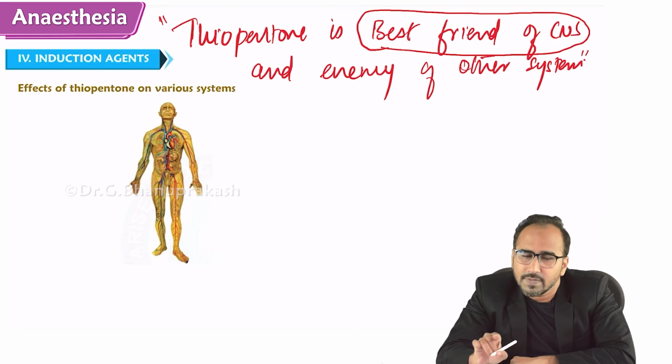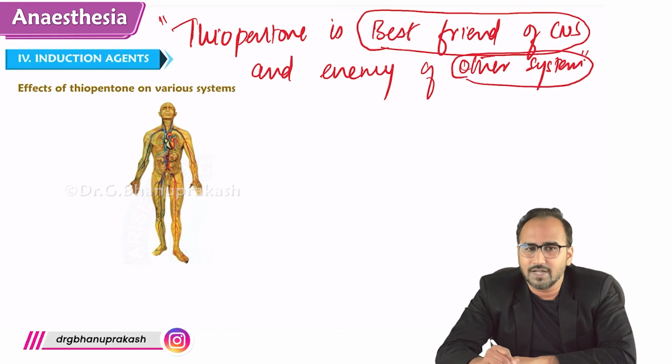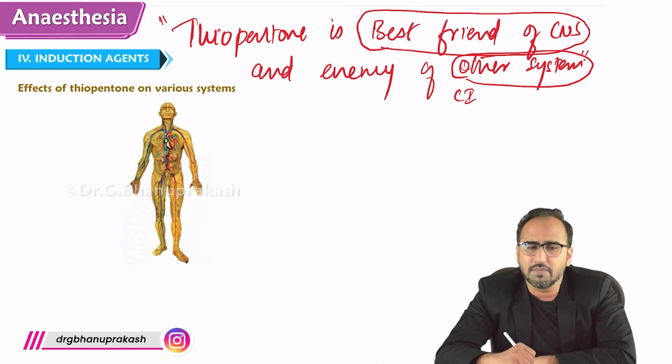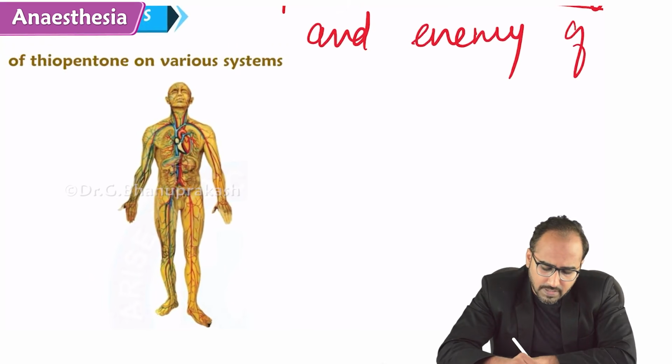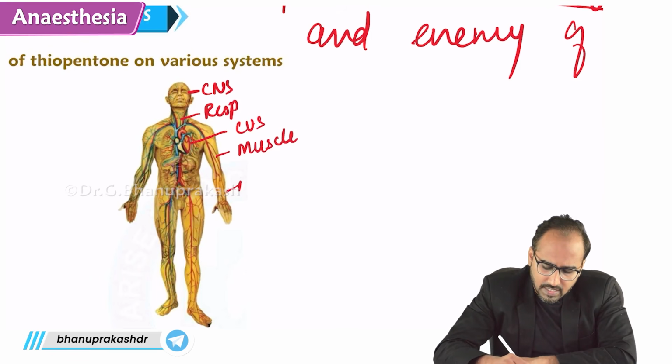And it is the enemy of all other systems, meaning it will have contraindications to other systems. First of all, remember what systems we need to talk about: the CNS, the respiratory, the cardiovascular, the muscle and the analgesia.